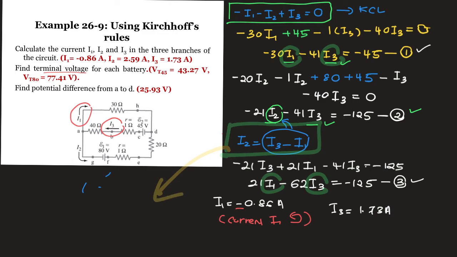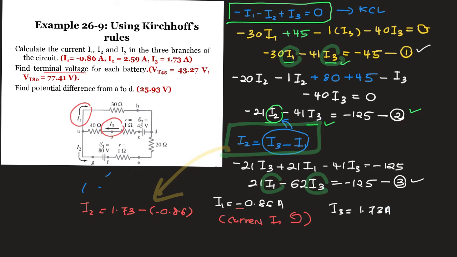So I2 equals I3, which is 1.73, and I1 is negative. You need to put the negative there, because we solved these equations using the wrong current direction. Therefore, we need to use the wrong current direction to find the other unknown. So negative 0.86.